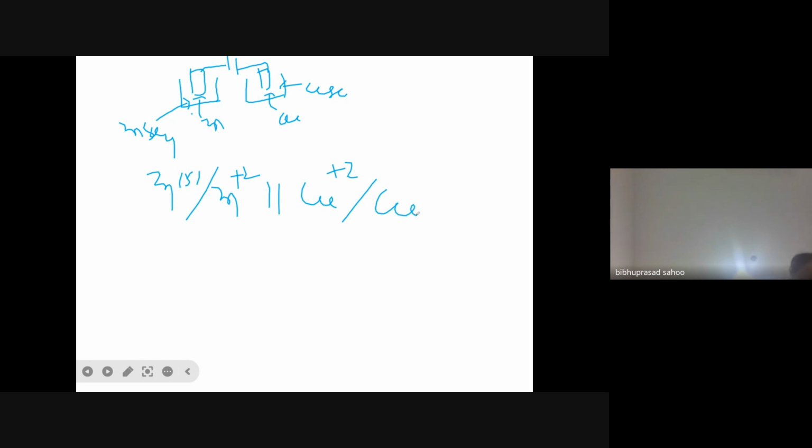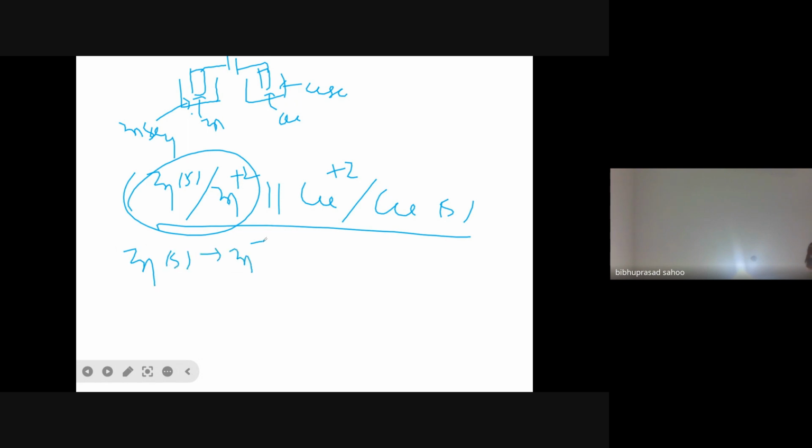I am missing aqueous. So what is the reaction at anode? Zn solid gives Zn2+ plus 2 electrons. What is the reaction at cathode? Cu2+ plus 2 electrons become copper.